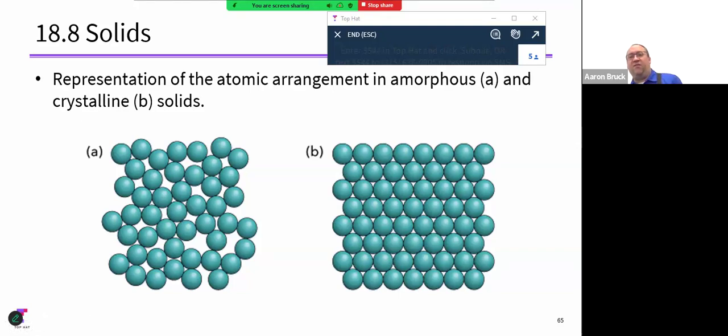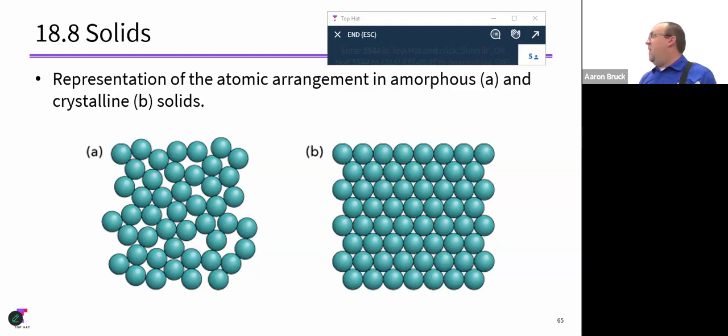Just to give you a visual representation, the figure here shows the atomic arrangement of an amorphous solid on the left versus a crystalline solid on the right. You can see that the crystalline solid is extremely ordered, very highly arranged.